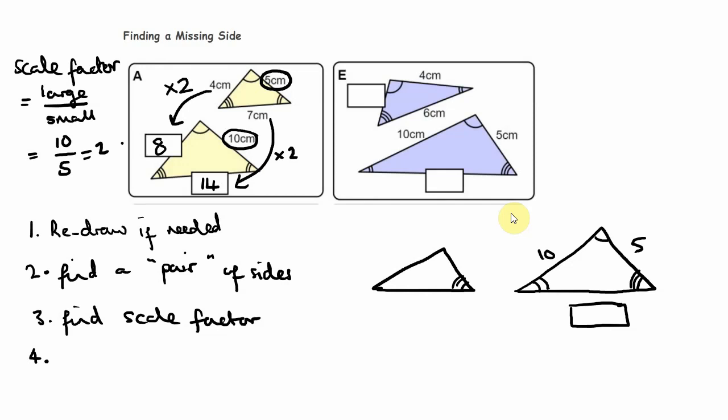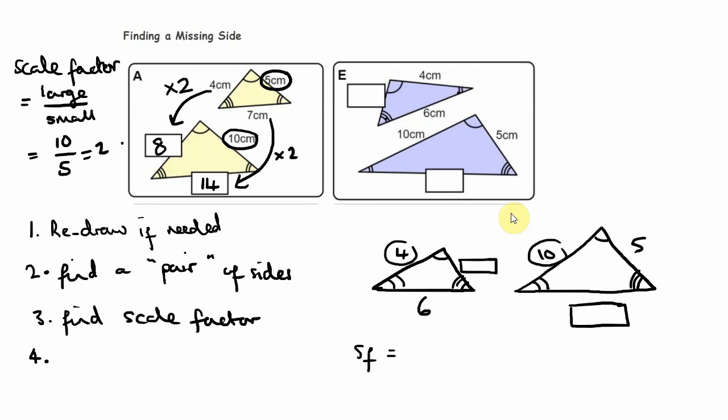And I need to find what these lengths are actually kind of linking to. So between the triple and the double angle, I'm going to have 6. So there we go. Between the single and the double angle, I'm going to have 4. And then between the single and the triple, I'm going to have a blank that I need to figure out. So we can see now it's really easy to do our second step, finding the pair. So 4 and 10.